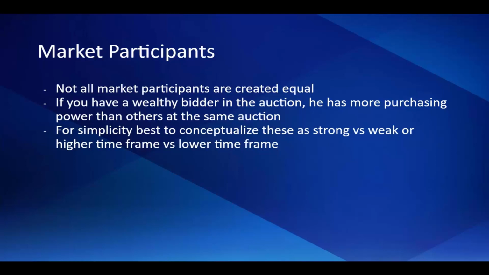So for simplicity's sake, it's best to consider these sort of market participants in two categories: the strong versus the weak, or the higher time frame versus the lower time frame.